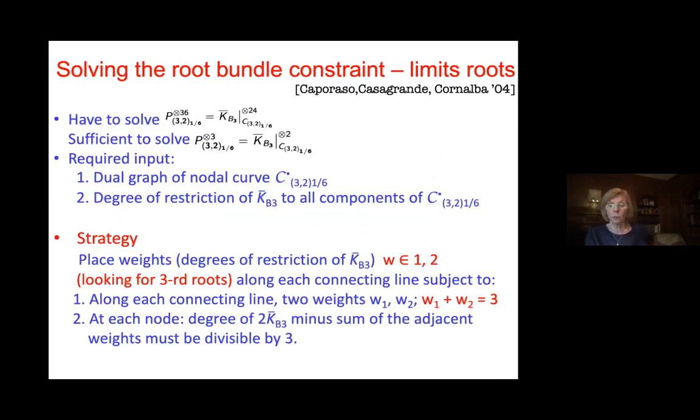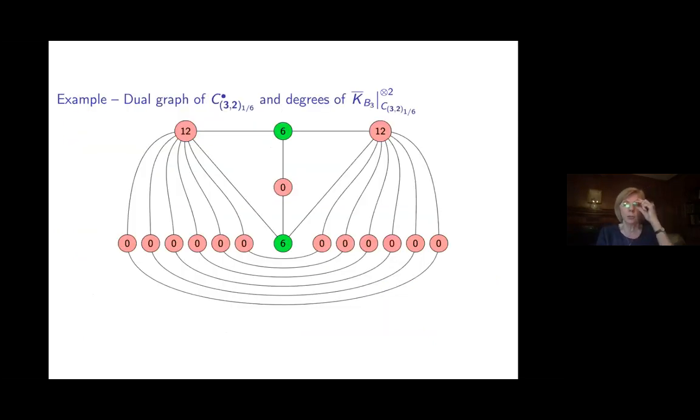And due to the lack of time, I should maybe just mention that diagrammatically such a dual diagram of the matter curve of quark doublets gives us the information on the degrees of the anticanonical bundle restricted to the curve to the second power.